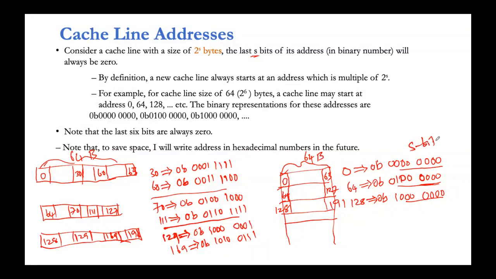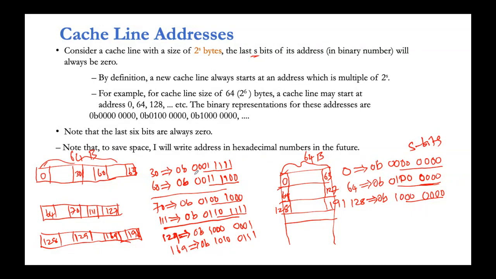Now see this: at the beginning of the cache line addresses, the last 6 bits are 0, but for any arbitrary data inside this cache line, the last 6 bits are not zeros. This holds in cache line 0, cache line 1, and cache line 2.